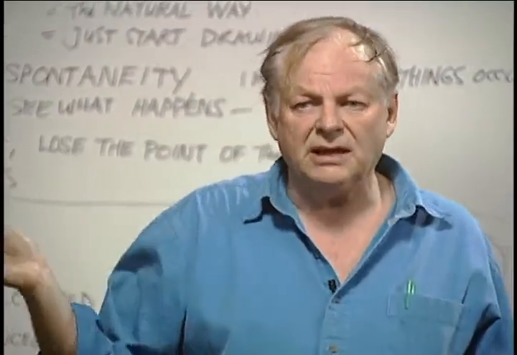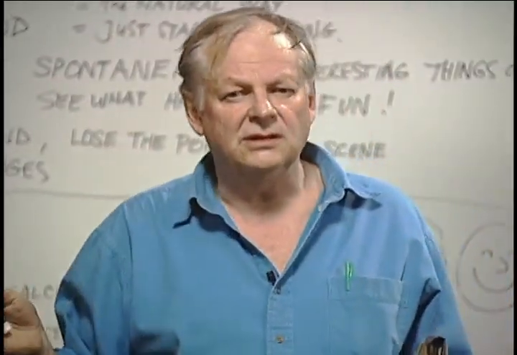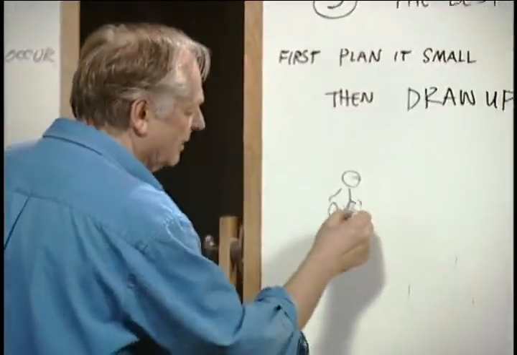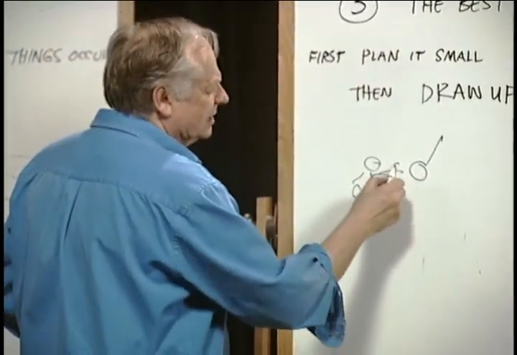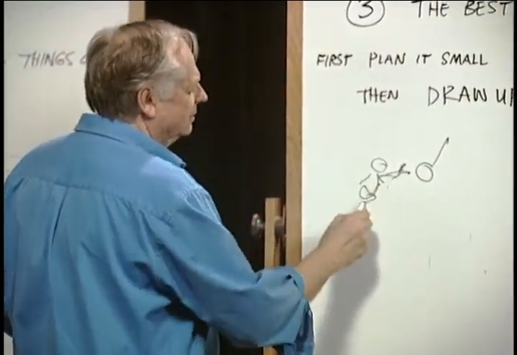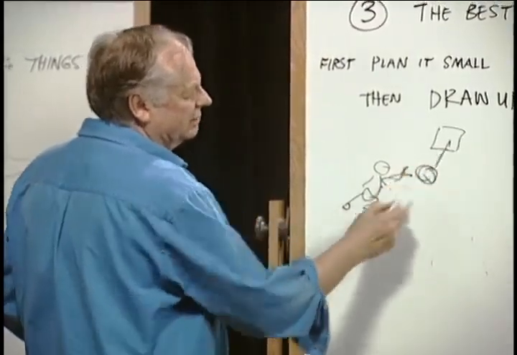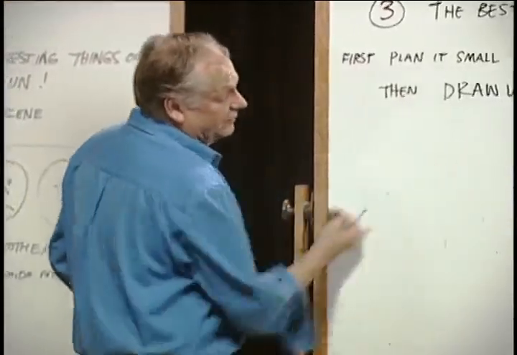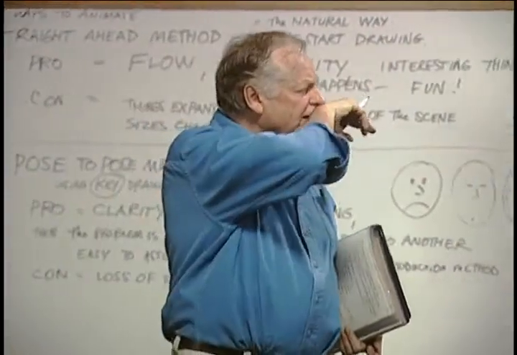Then we just had thumbnail scribbles for all the running around stuff in the kitchen. I mean, really scribbles. That was the baby, and that was he's jumping for the clock pendulum. I mean, stuff like that. And I can't remember whether they even shot them or not in the film. I don't think we did.